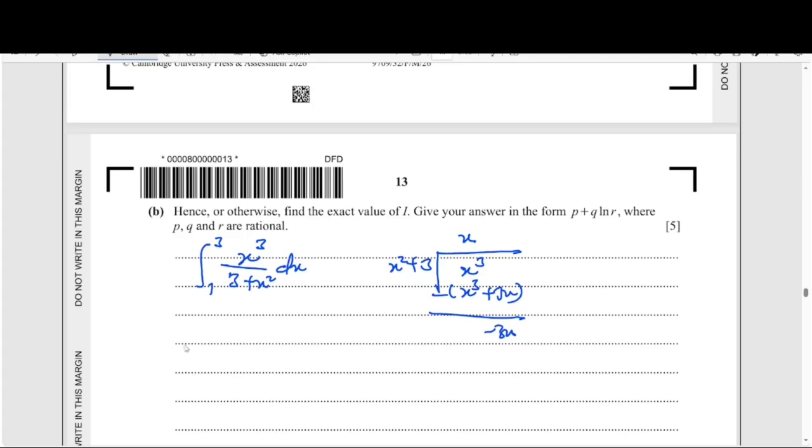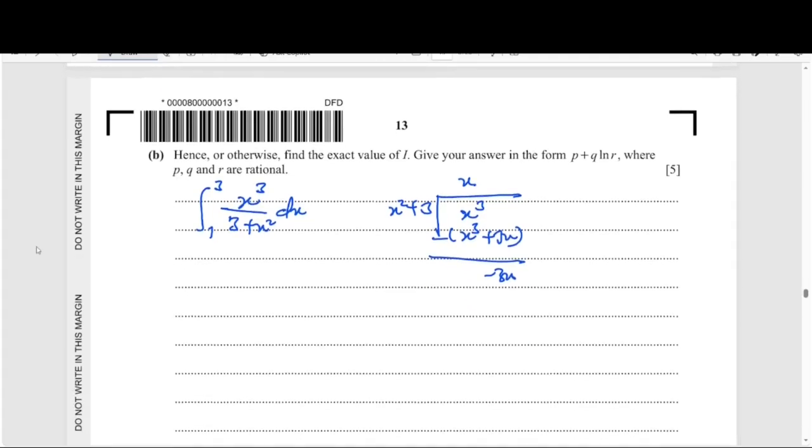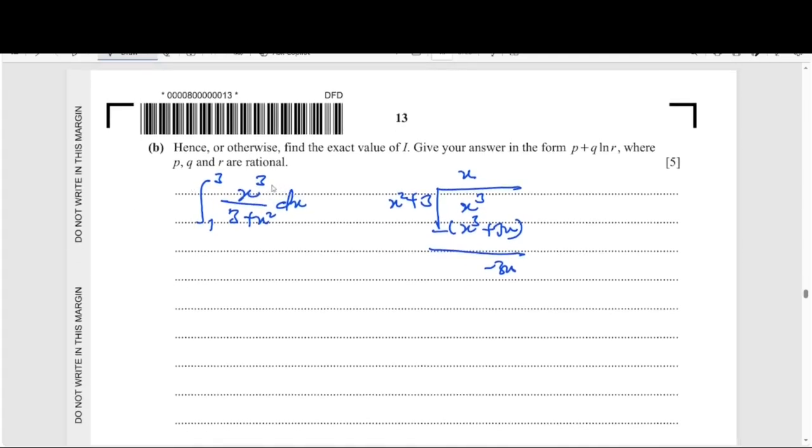That means that the expression over here, x cubed over 3 plus x squared, can be written as the quotient, which is x, and then plus the negative 3x over the divisor, which is x squared plus 3.